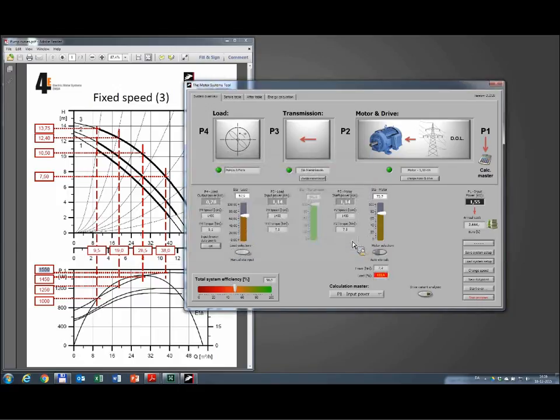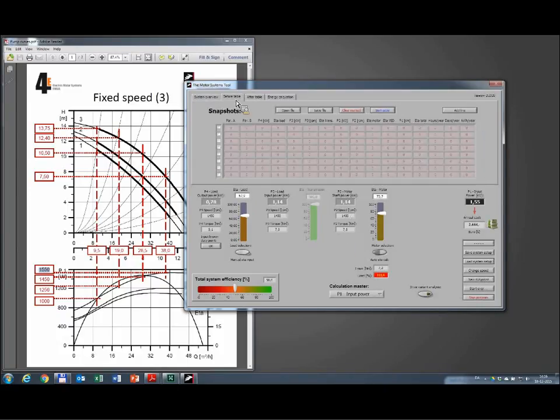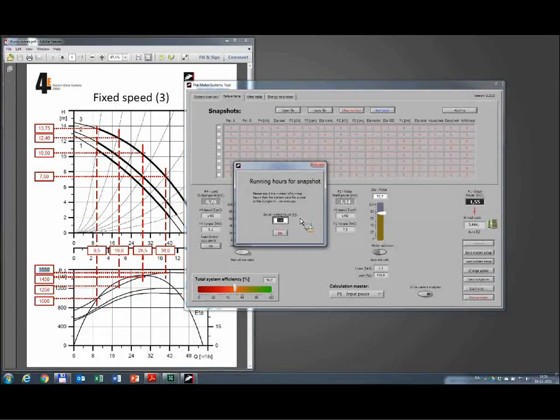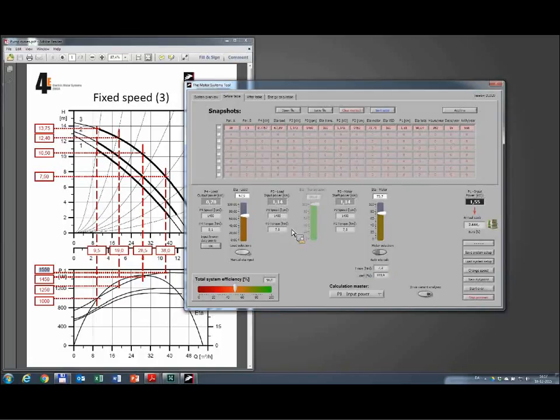We say OK, and now we have the first duty point of the before situation. This duty point I will put in the table here, and the first duty point from the 6% running time would be 360 hours, and this is now put in.